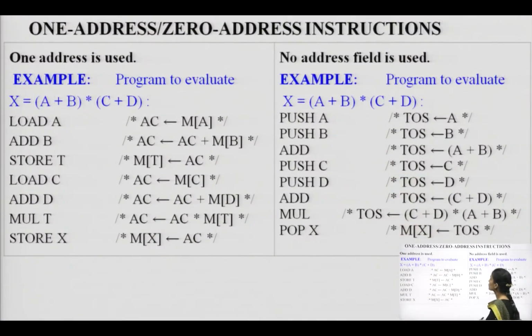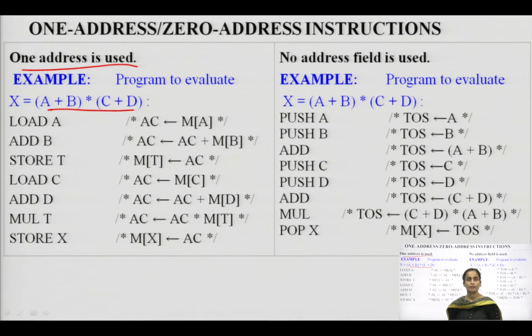Then using one address, as the name suggests, I will be using only one address, but we know we are dealing with binary operands. So, we want two operands. So, where to get the second operand? The second operand by default we will be taking from the general purpose register, that is represented by accumulator.